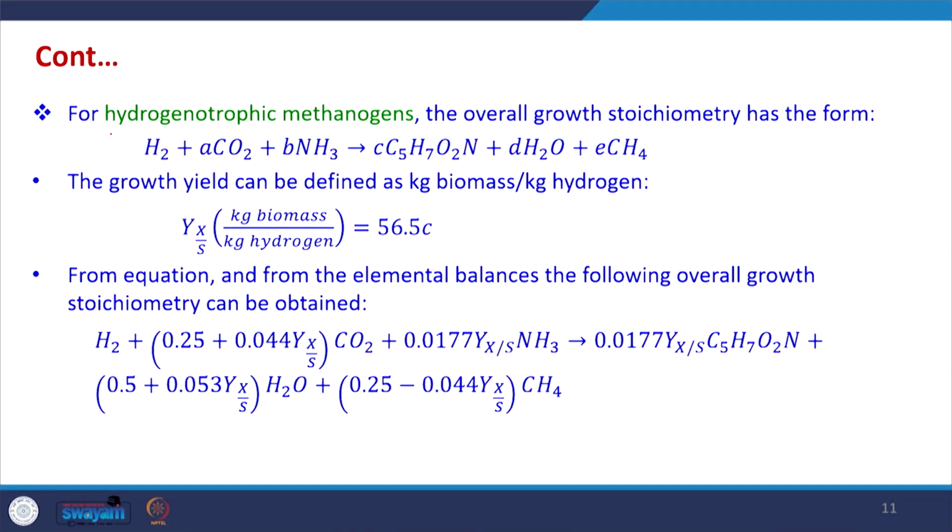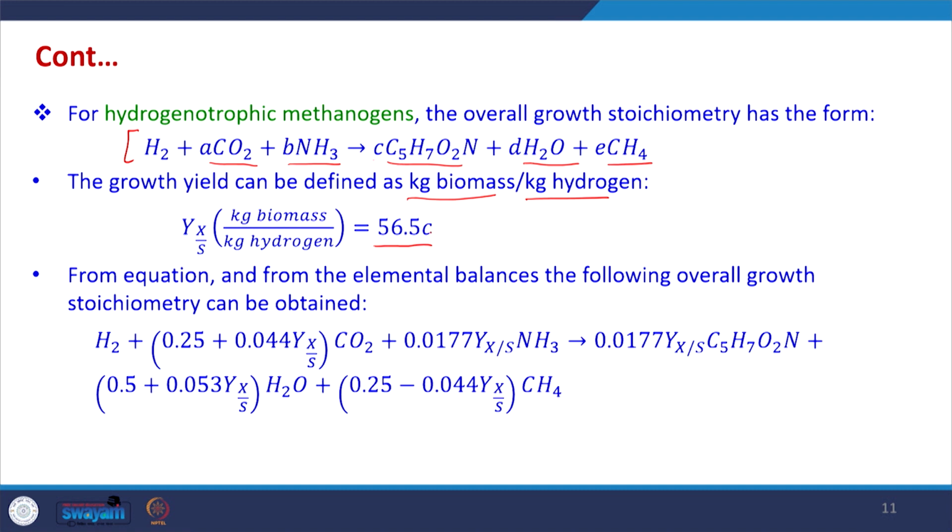Now, for hydrogenotrophic methanogens, the hydrogen combines with carbon dioxide and ammonia to form the biomass plus H2O and methane. For this the growth yield is defined as kg of biomass produced per kg of hydrogen, and if we write the molecular weights of biomass and hydrogen, the value will be 56.5 C. So, this is the Y_XA by definition.